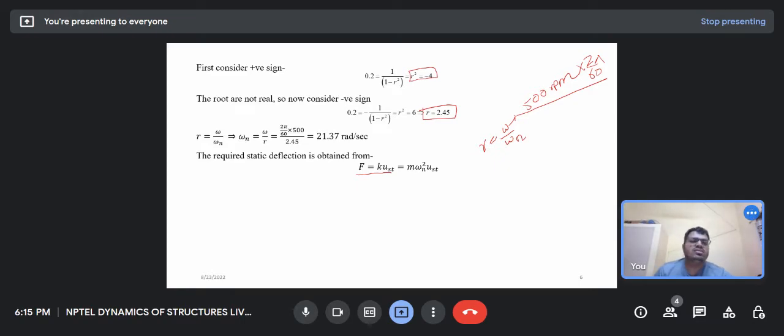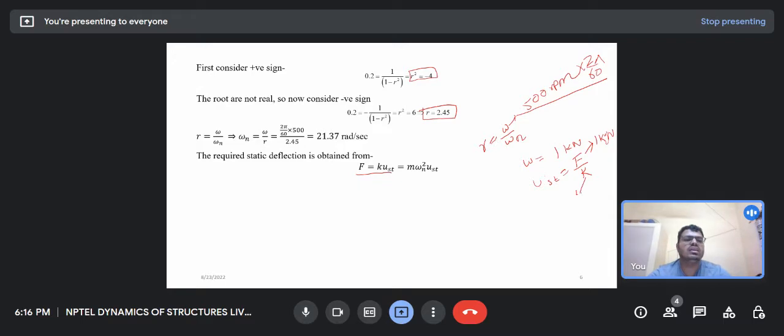Here the weight is 1 kilonewton. So you have to find the deflection, UST, which is F divided by K. F is given to you as 1 kilonewton.